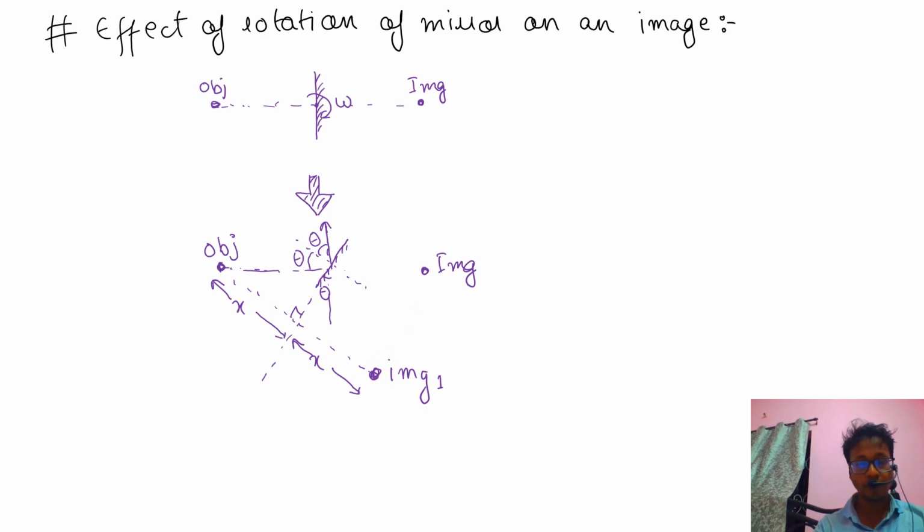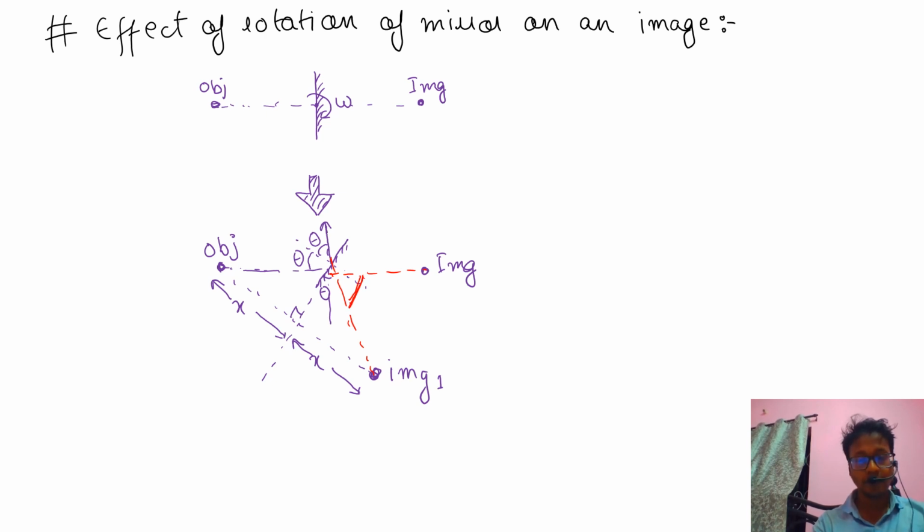What is the angle of this one versus this one? This reflected ray will trace back the image, so how much is the angle the image rotated by if I rotate the mirror by theta degree?